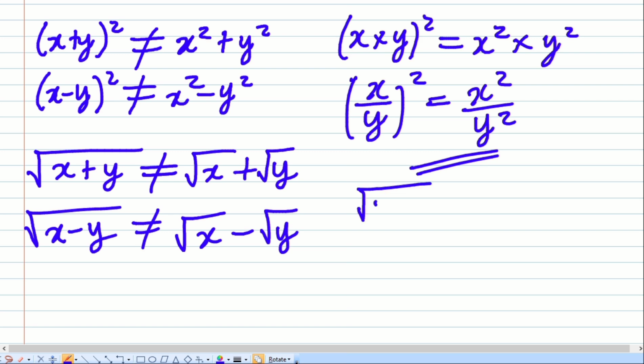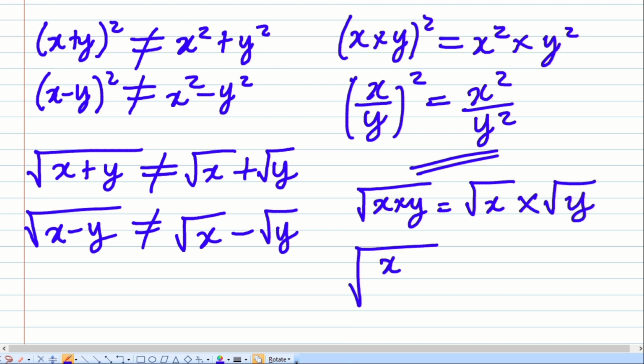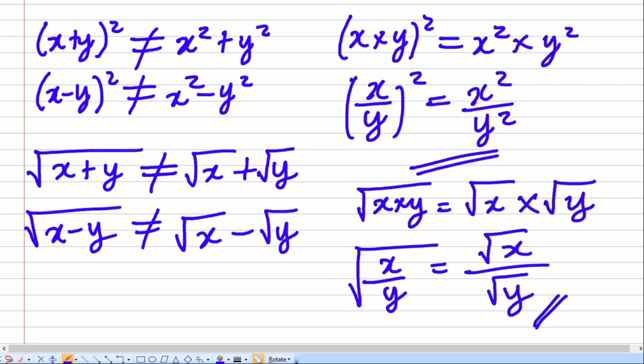However, the square root of (x times y) is equal to the square root of x times the square root of y. And the square root of (x over y) is equal to the square root of x divided by the square root of y. Again, you see we can distribute. Whatever operation you're doing in mathematics, these are just a few examples. Remember that when you're adding or subtracting, you cannot distribute, but when you're multiplying or dividing, you can distribute.